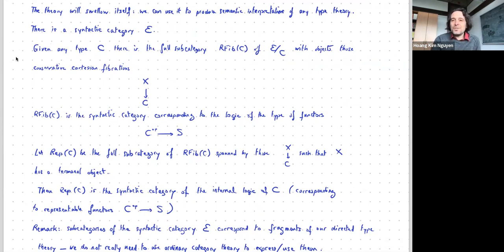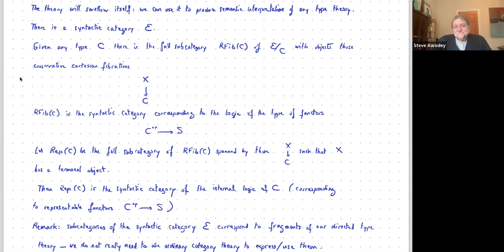But the idea is that if you have a rich enough theory, the objects of which can be called categories, then instead of trying to produce semantic interpretations using ordinary category theory, we could try to do it in this context. And therefore, we can use the theory to formalize logic itself. Once we know it is sound enough that it can be interpreted in ordinary mathematics, we can also somehow forget about it and just use the theory to formalize logic itself.